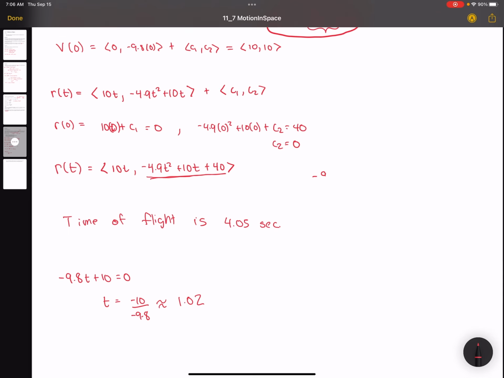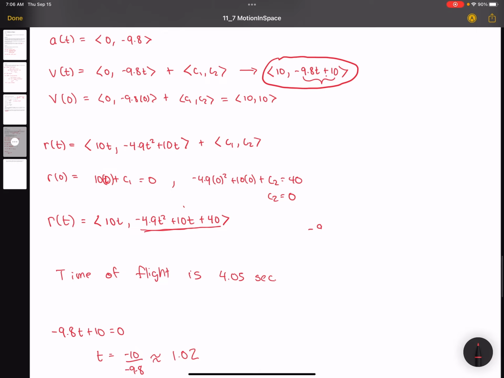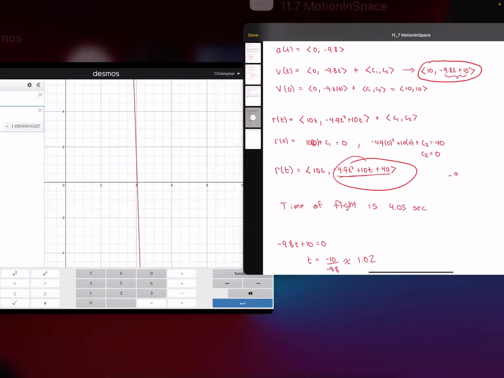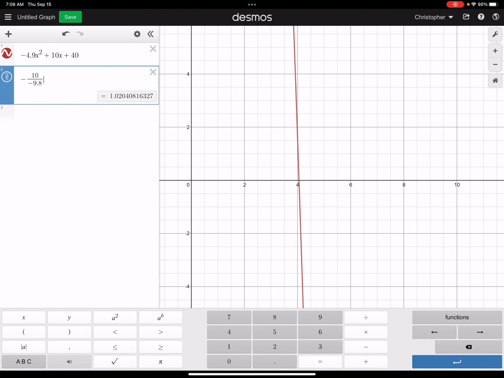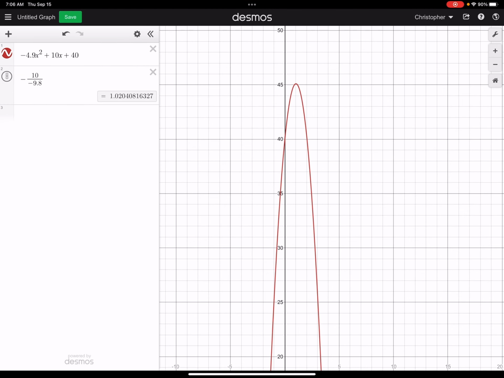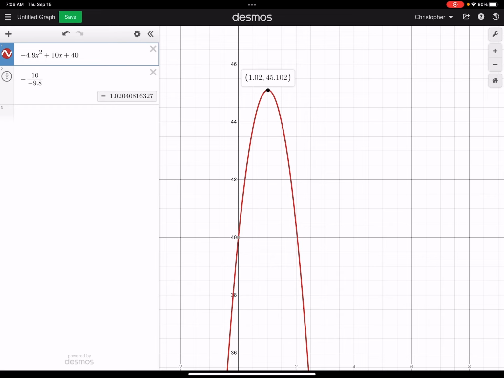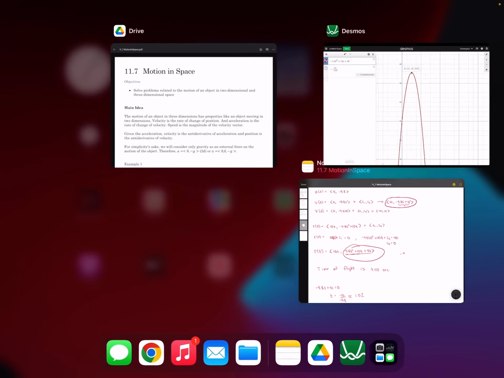And if we substitute 1.02 back into this function, we would get this height of 45.102, as we can see from the graph. So that's how we would get the maximum height.